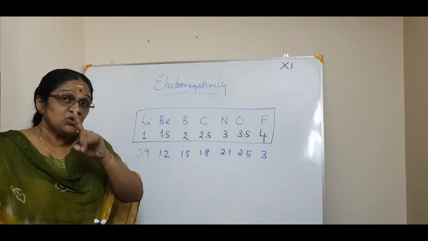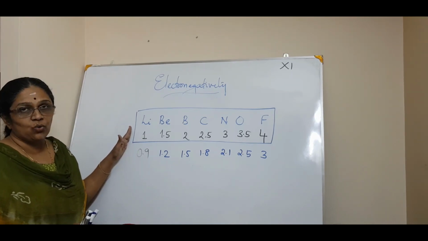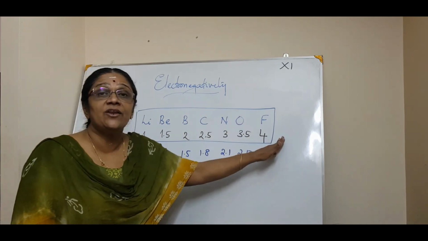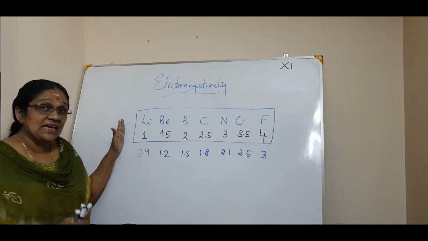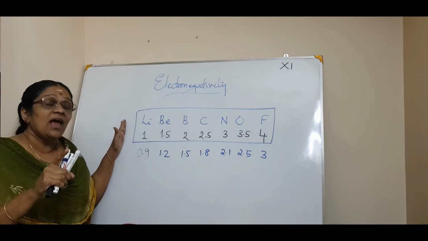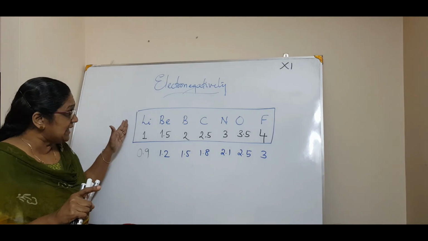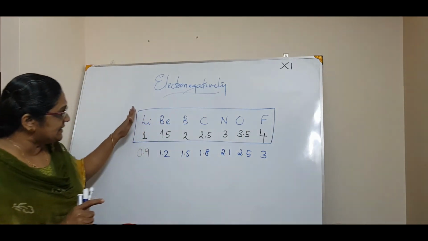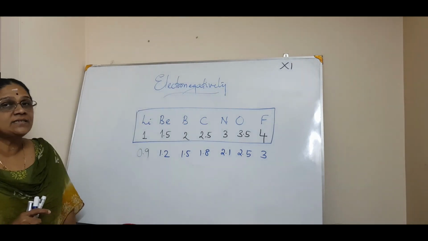For the same reason, electronegativity increases from left to right. Electron gain enthalpy and ionization enthalpy follow the same trend. Electronegativity increases from left to right and decreases from top to bottom in a periodic table.